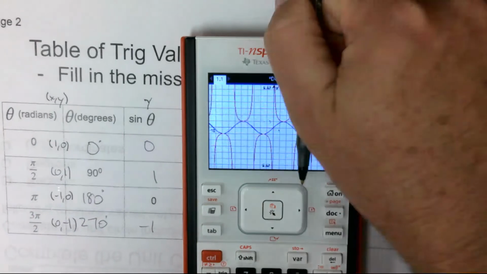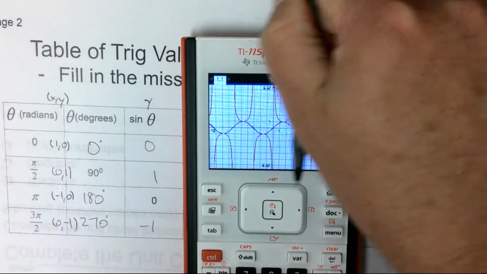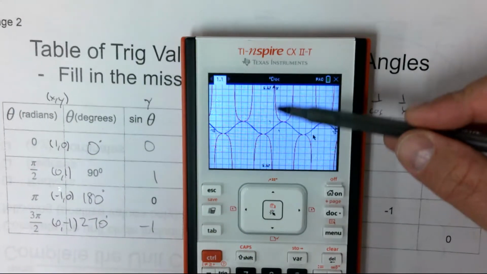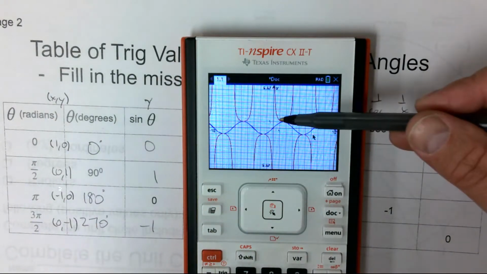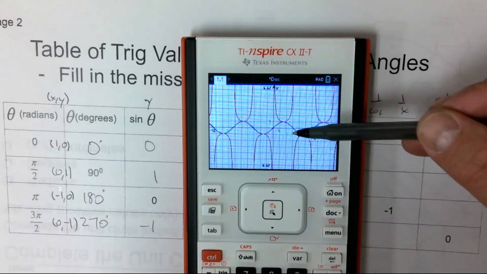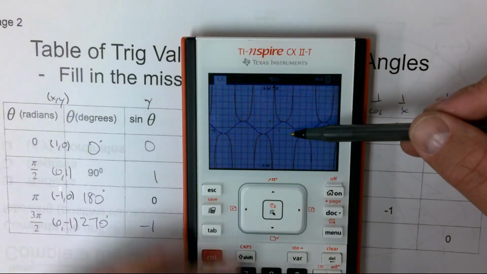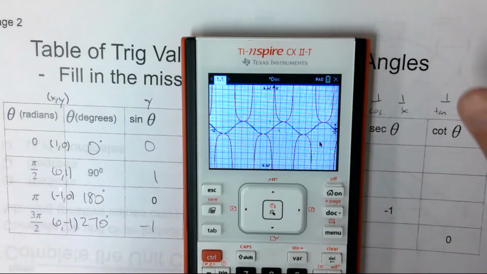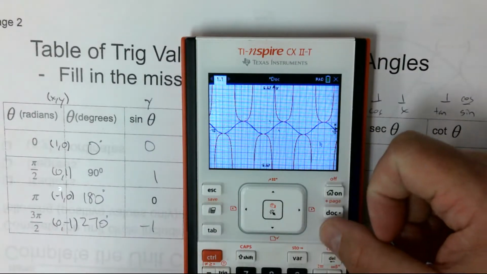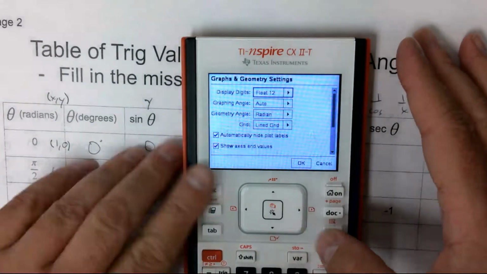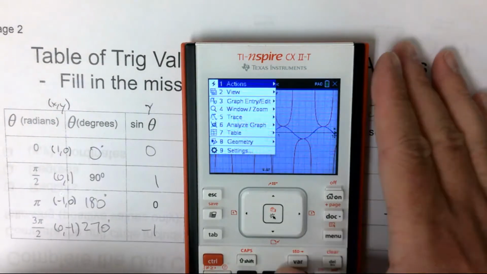Now it does have many vertical asymptotes. The main one is like 0, and then there's also one, and it kind of looks like 3, but it's not. It's actually pi. So this is a case where you may want to change your table settings.